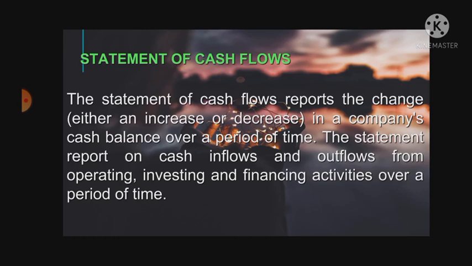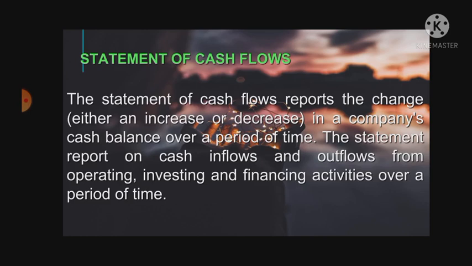The primary purpose of a statement of cash flows is to provide relevant information about cash receipts and cash payments of an entity during a period. The statement of cash flows is designed to provide information about the change in an entity's cash and cash equivalents.